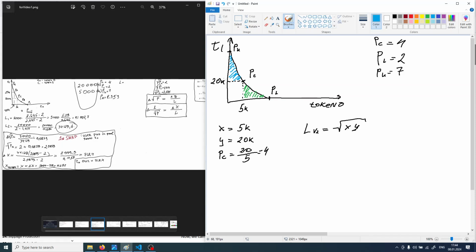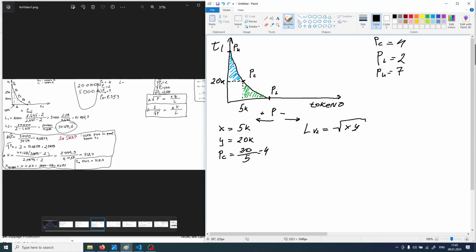We must calculate liquidity when the price goes upper, when the current price goes to the left from P current, and if the price goes lower, it's when the price goes to the right side to point P lower.